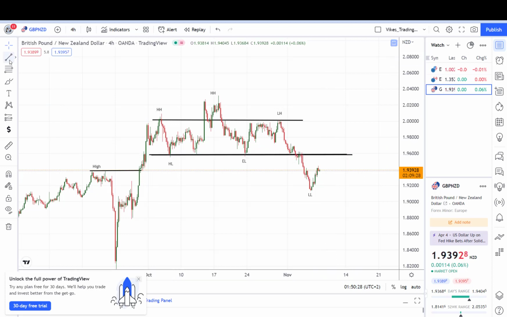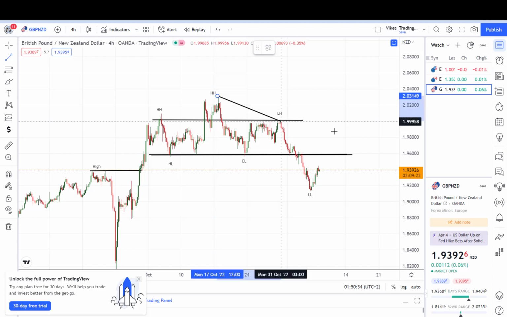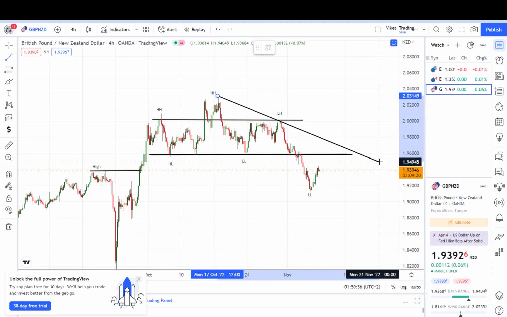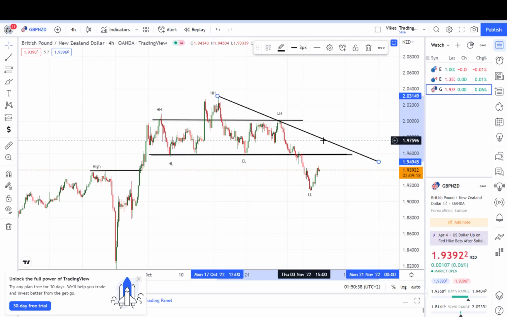There are some scenarios where it will come, breach inside a little bit, and maybe come reject this descending trend line. And then once it shows signs of rejection, you might also consider executing a short position.